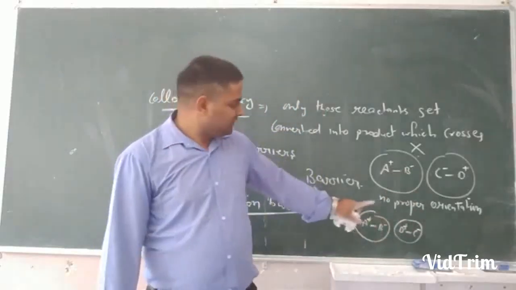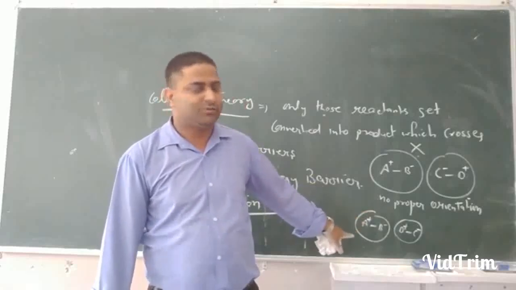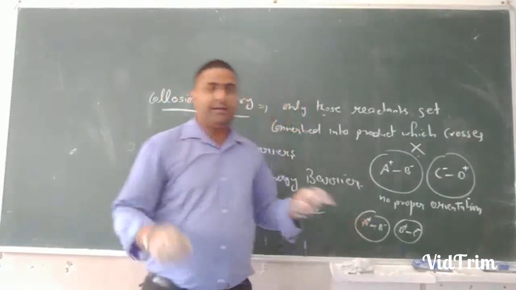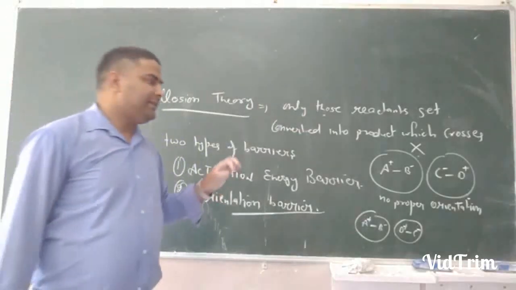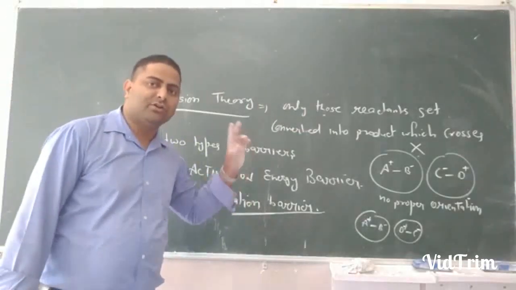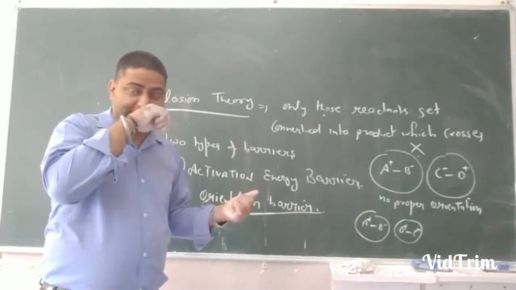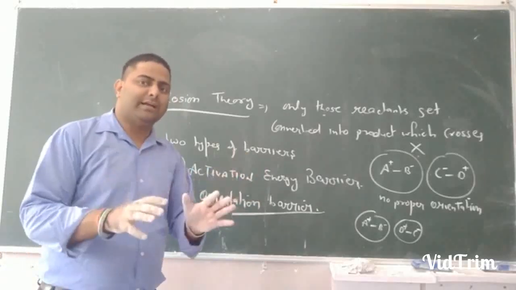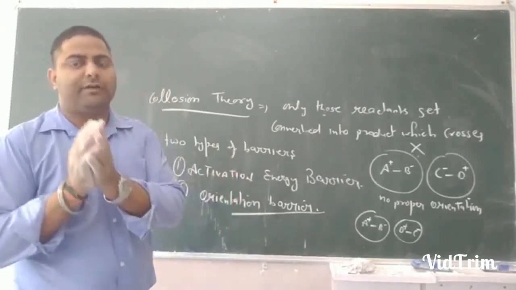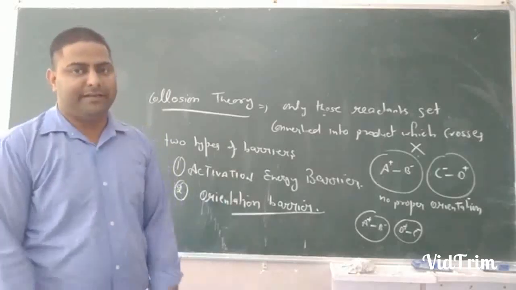And we say this molecule is properly oriented. So keep in mind, for any reactant to get converted into product, the reactant molecules have to cross two barriers. First, the activation energy barrier, and second, the orientation barrier. So reactants get converted into product when they cross both kinds of barriers.